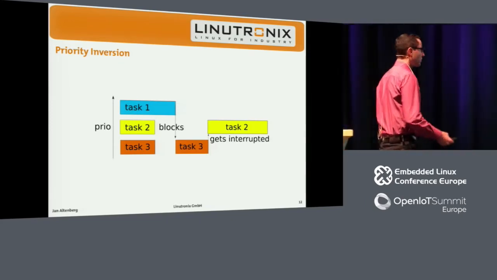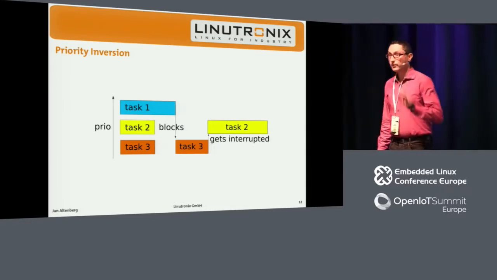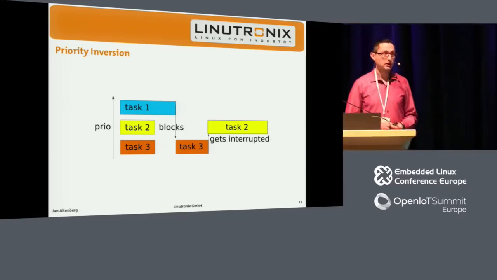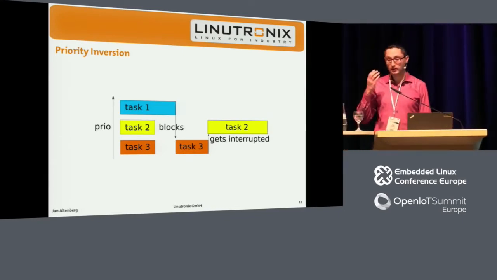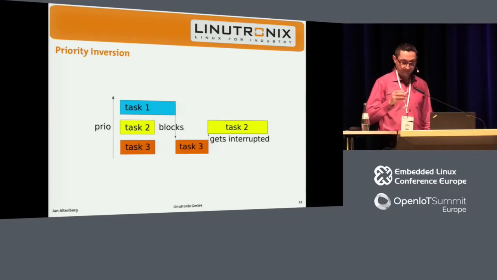So it's not just preemption. We have to deal with a lot of different use cases which are very specific to real-time applications, and we need to think how we can get these features into a general purpose operating system like Linux.